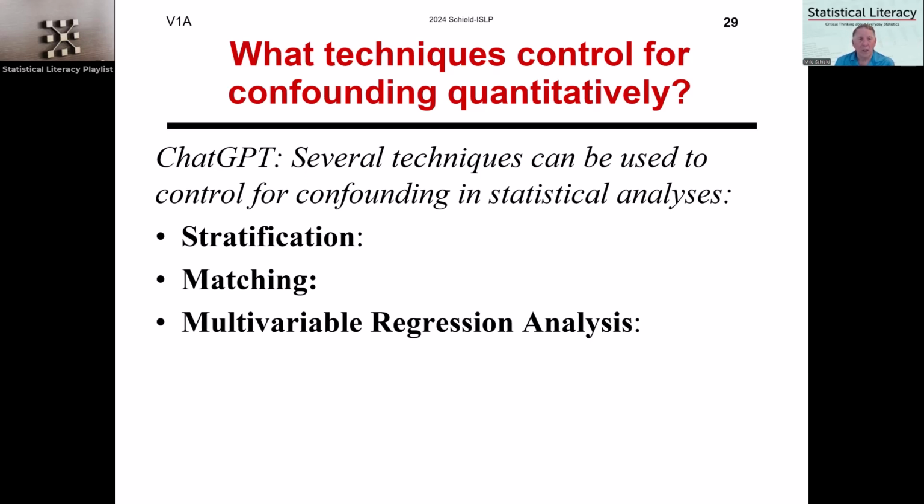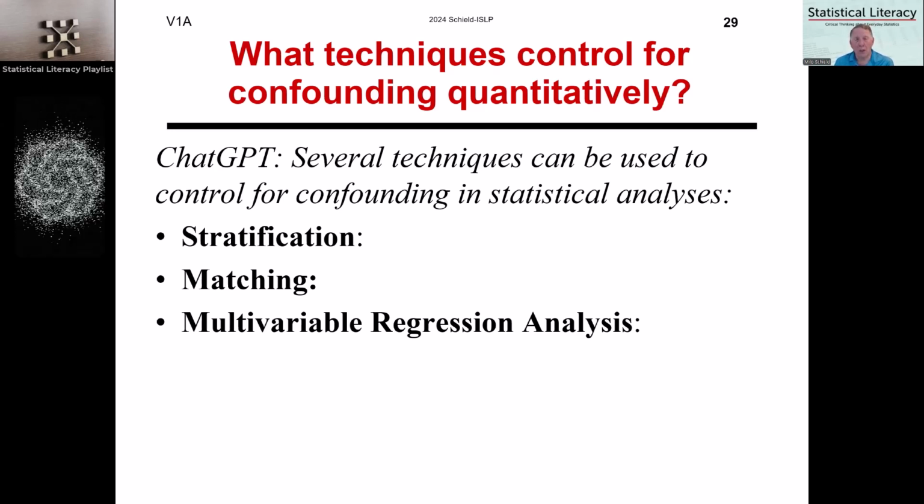As far as matching is concerned, usually that's done in acquiring the data, and it's not something I can do after the data is collected. The third one is the big gun for statisticians, multivariable regression. But I can't teach that as a professional.